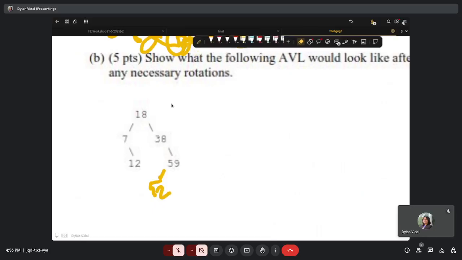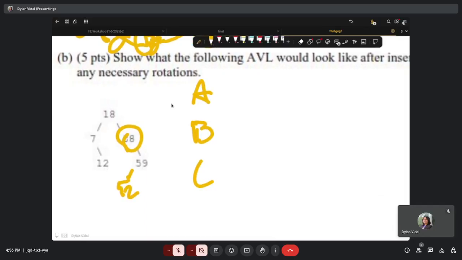So our first node that we grab is going to be 38. What's our other 2 nodes? 59 and 42. So we have A, B, C. So which one's going to be which? We have 38, 59, and 42. So 38 is the smallest. It's going to A. 42 is the middle element.